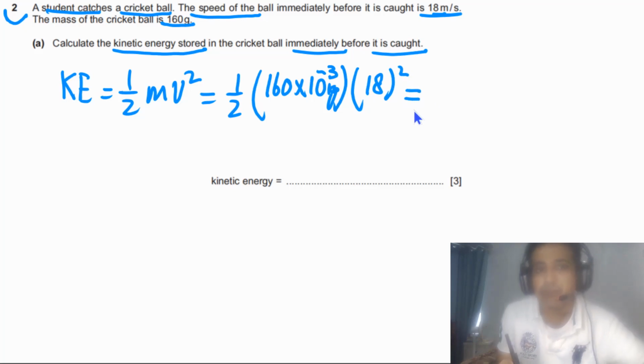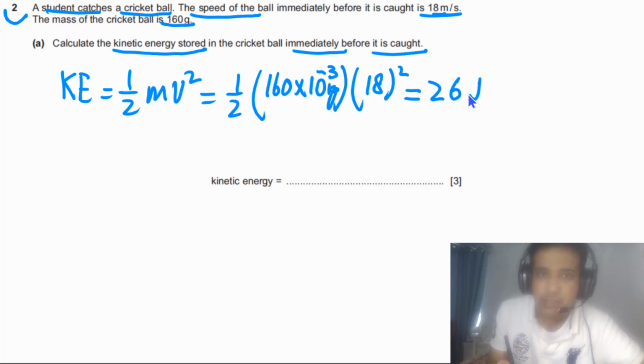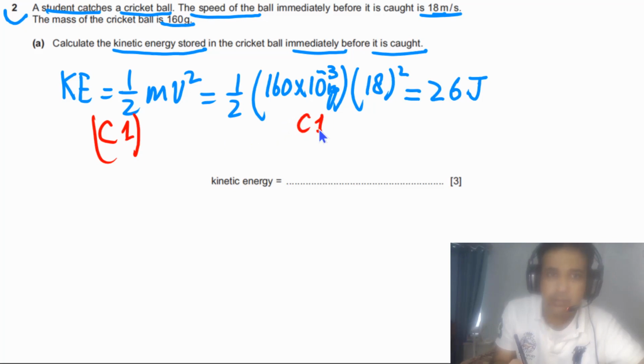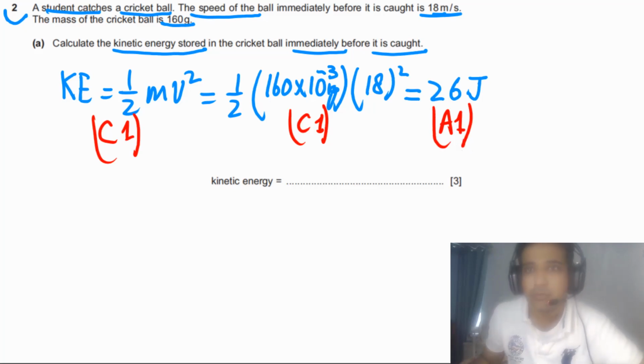Now if we simplify this, our final answer will be 26 joules. So this is how you need to answer. This question has 3 marks. The first C mark you will get if you have written this formula, and the second C mark you will get if you have plugged in these values, and the last mark is the answer mark. If you got the right answer, you will get 3 marks.